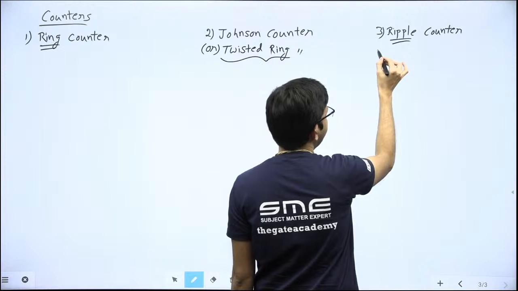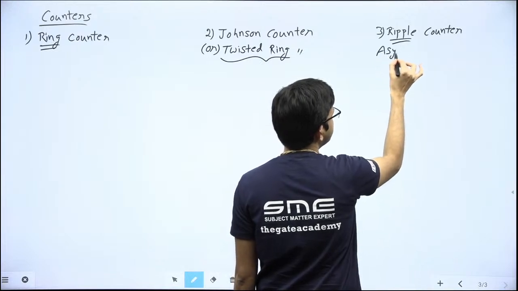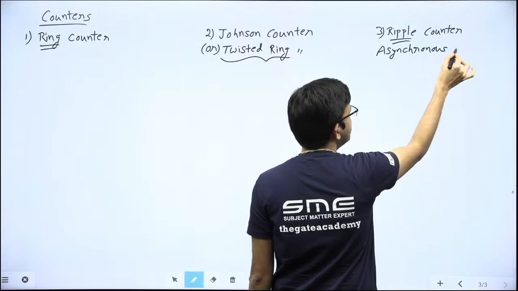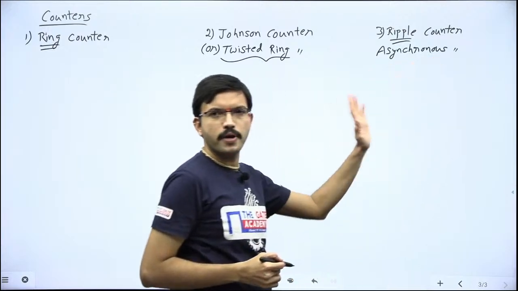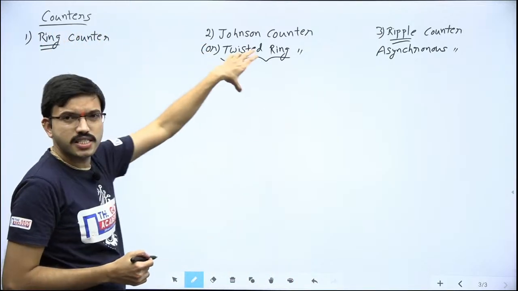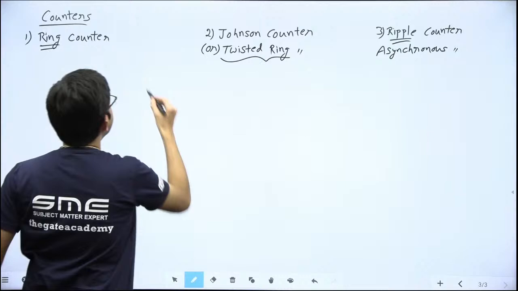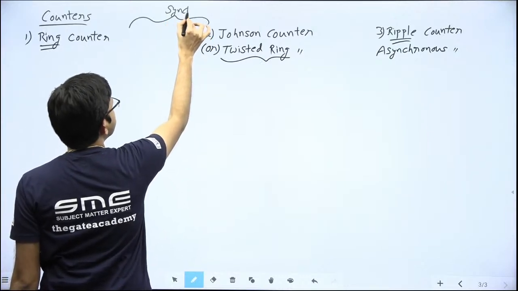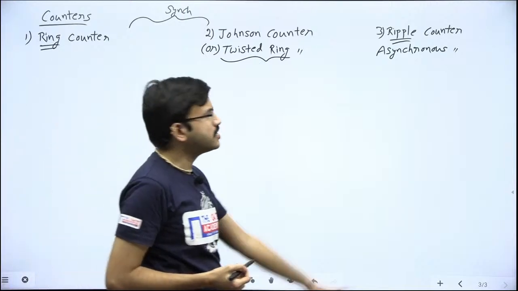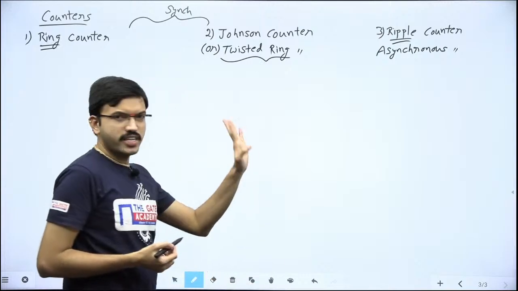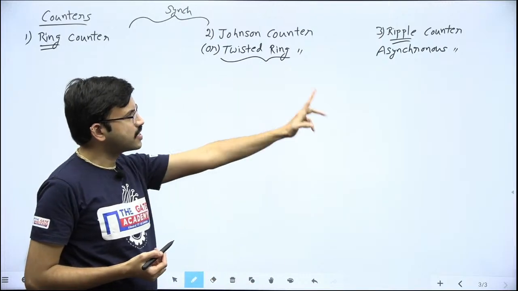If you want you can write the other name for this counter as asynchronous counter, because the clock signal is not the same for all the flip-flops, whereas in these two counters the clock signal is the same for all the flip-flops. So these two are examples of synchronous counters, whereas this particular counter is an example of an asynchronous counter. See, it is very simple. What is the difference between synchronous and asynchronous?